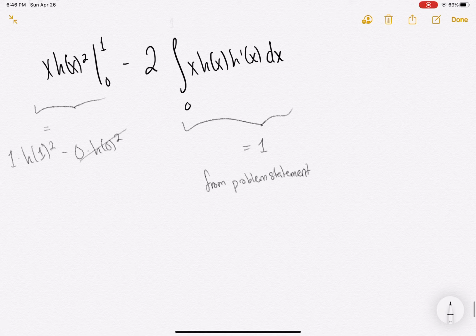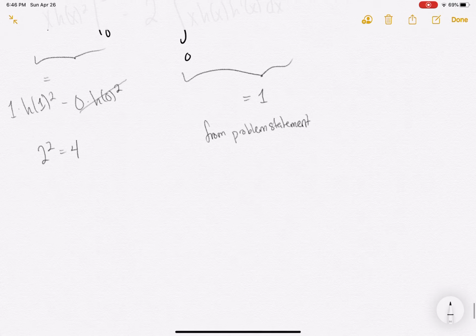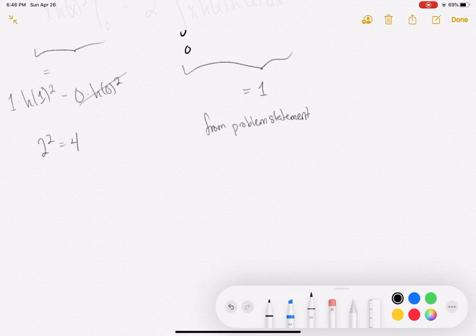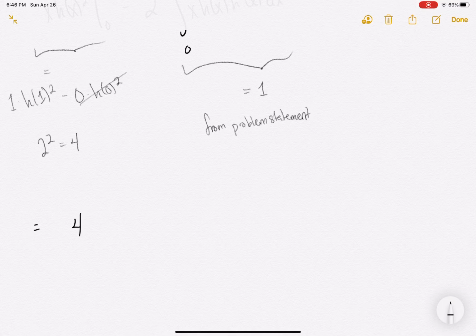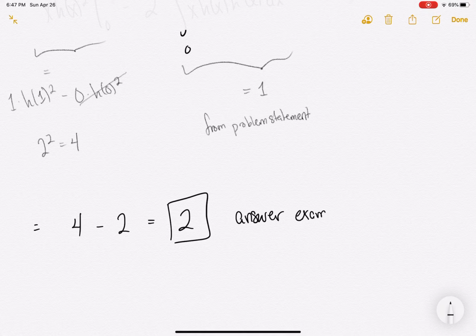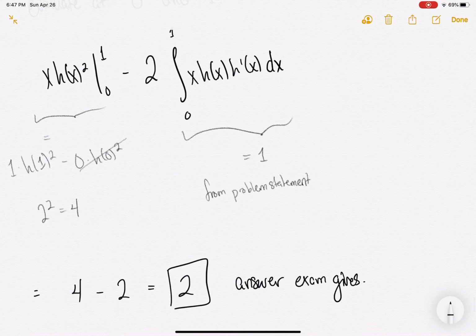So this is just 2 squared equals 4. So I end up with 4 minus 2, which gives me 2. This is the answer the exam gives. There you go. Pretty crazy, but not out of this world.